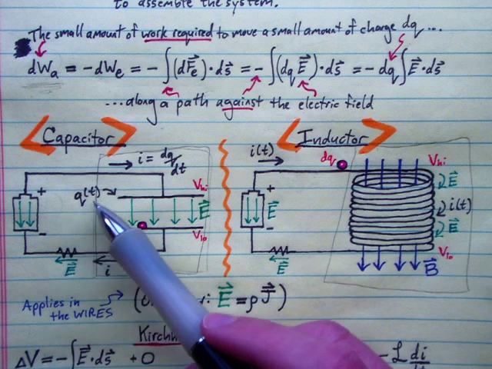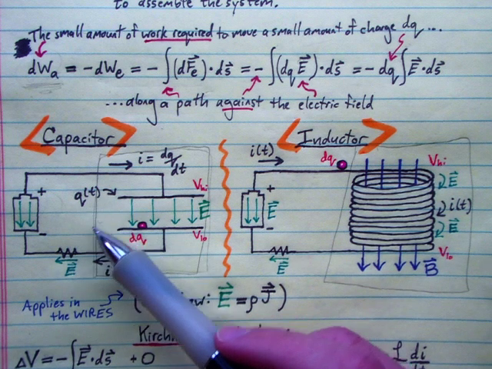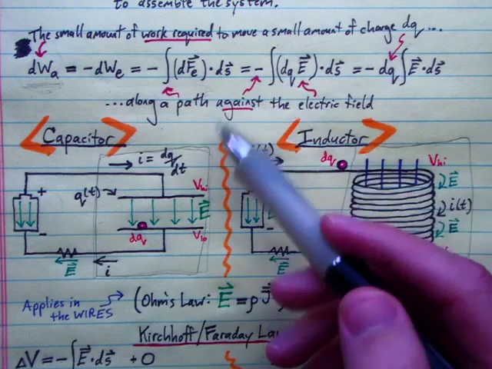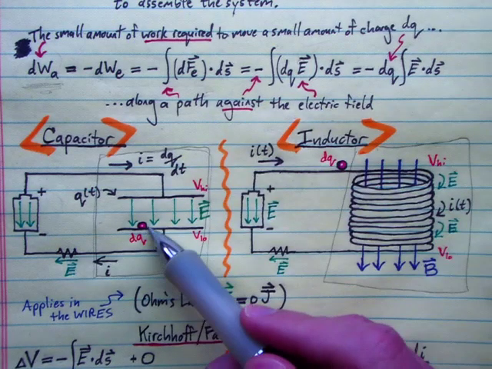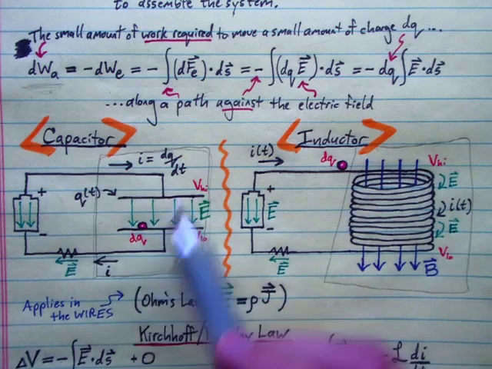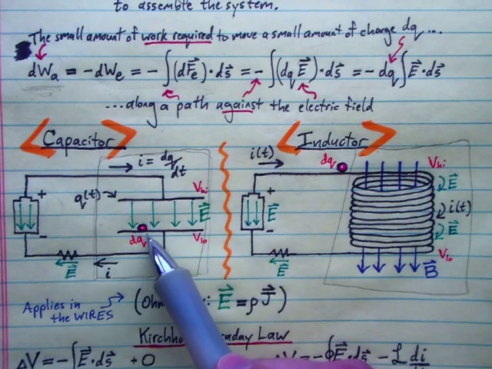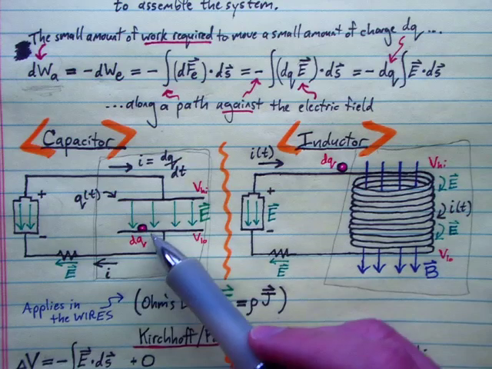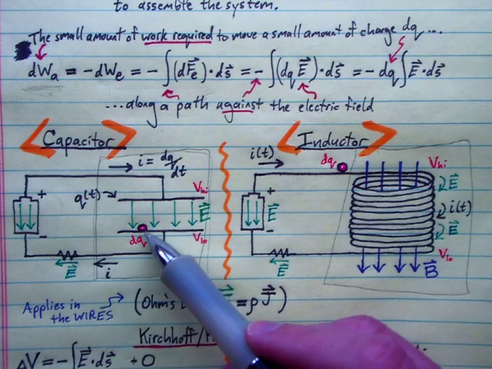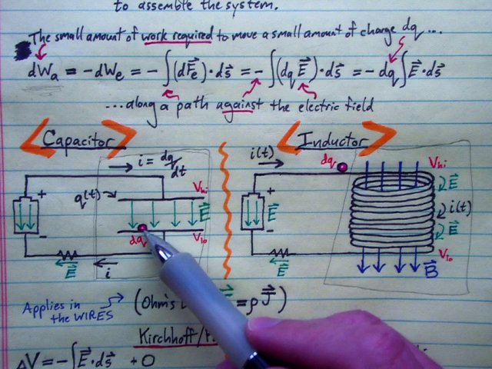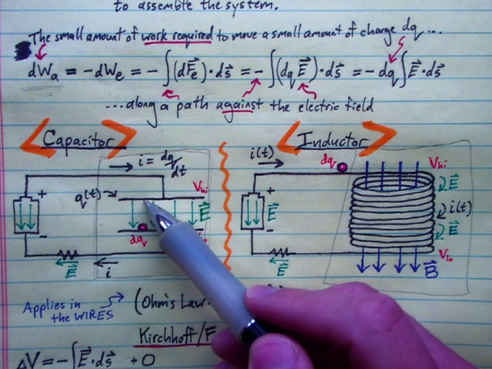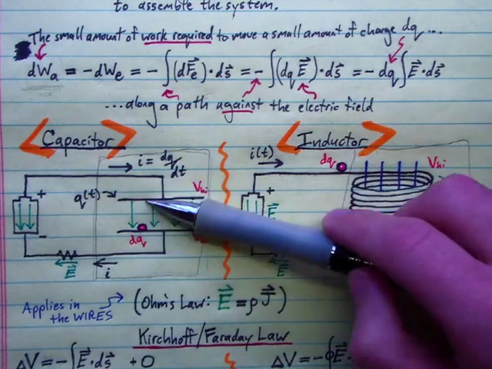So Q of t will start at 0 and will increase over time. It'll be positive. And we charge it up by taking some positive charge, dq, some small amount of positive charge represented by this little pink dot, and we're going to do work to lift this positive charge against the electric field to bring it up to the top plate. We're going to carry it from here to here.